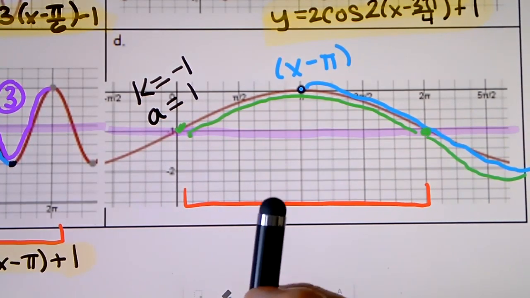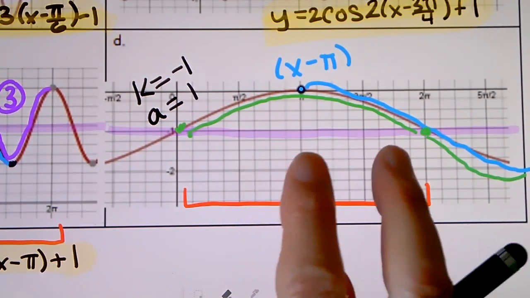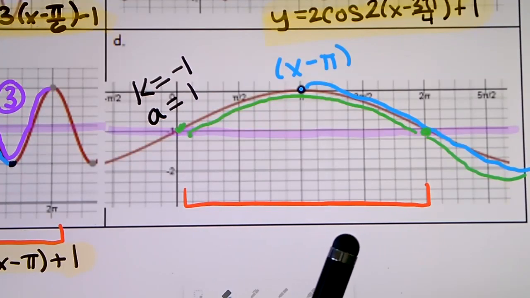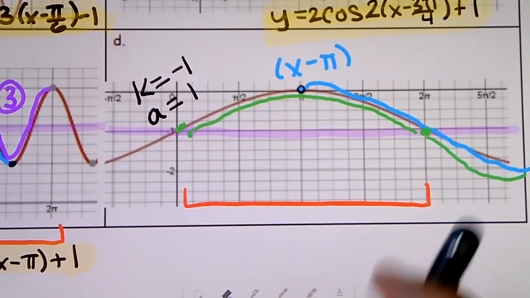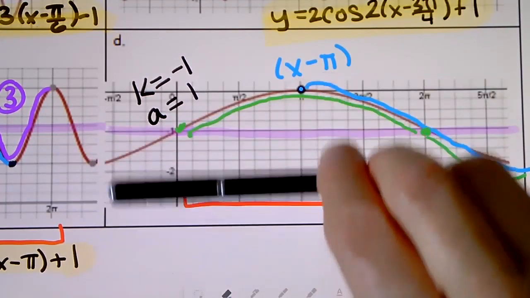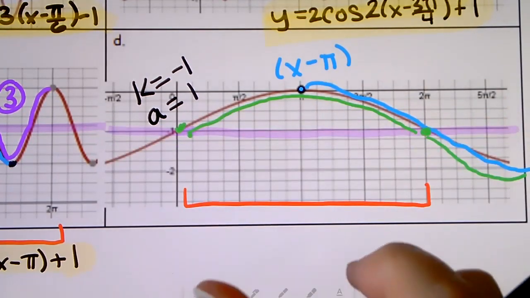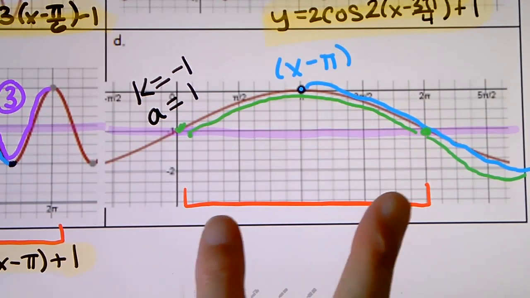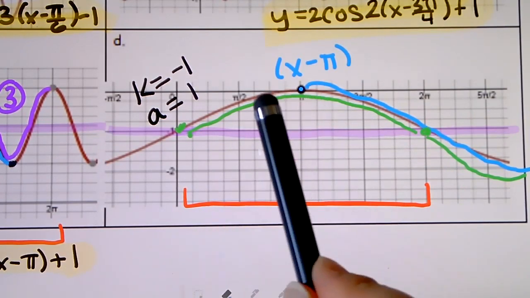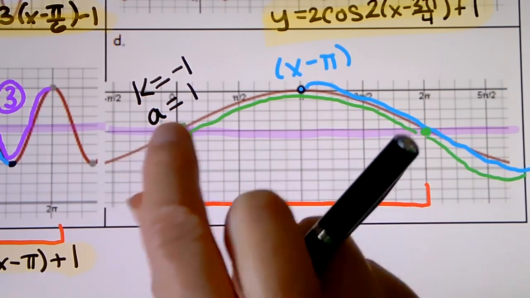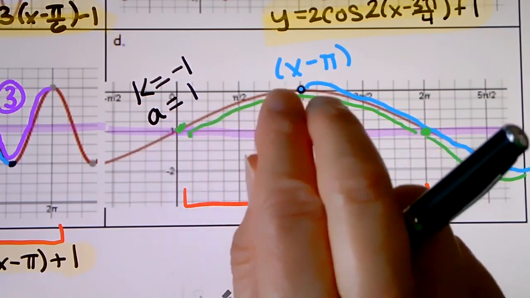So the only thing that's going to change if I define a graph as a sine or a cosine is that your amplitude won't change the number, but the sign might change. Your plus or minus going up or down is not going to change. The B is not going to change, which is what I'm focusing on right now, but your start might change. So the only things that might change is your A in terms of sign, not actual number, and then this x minus h.